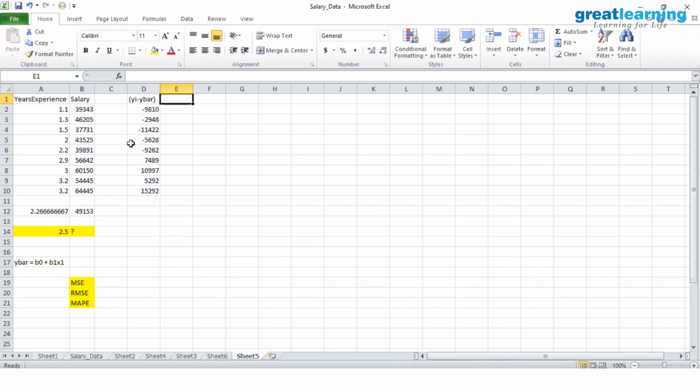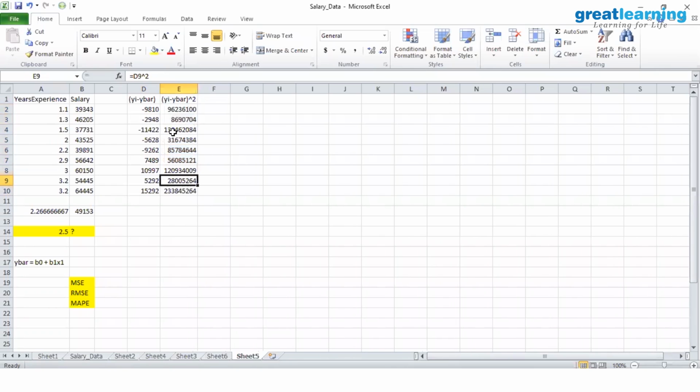The negative signs are present here, so to overcome them I take the square of yi minus y bar, similar to how we find variance and standard deviation. It's the same formula. Let me put it in a box over here.